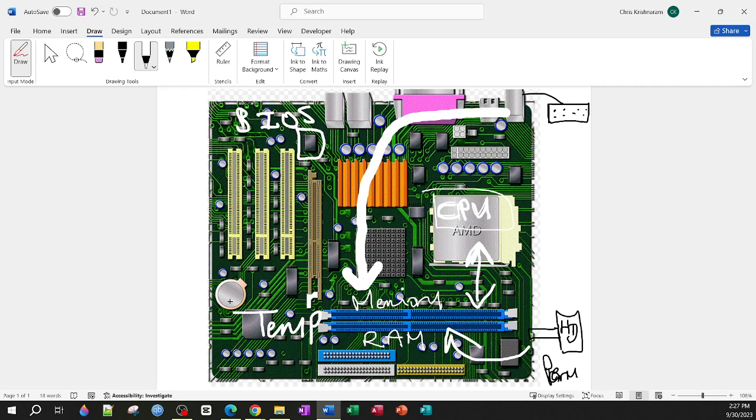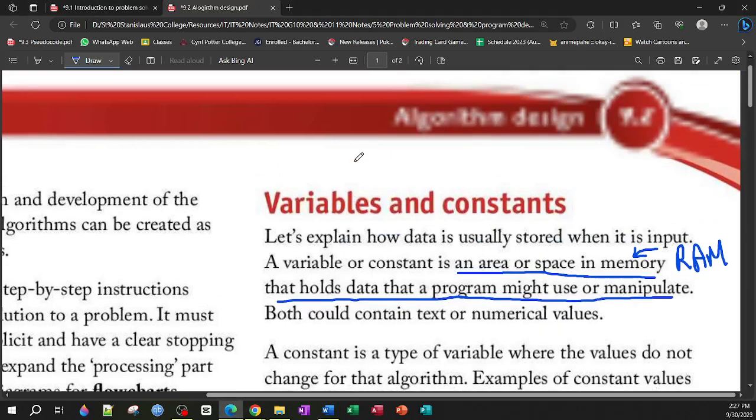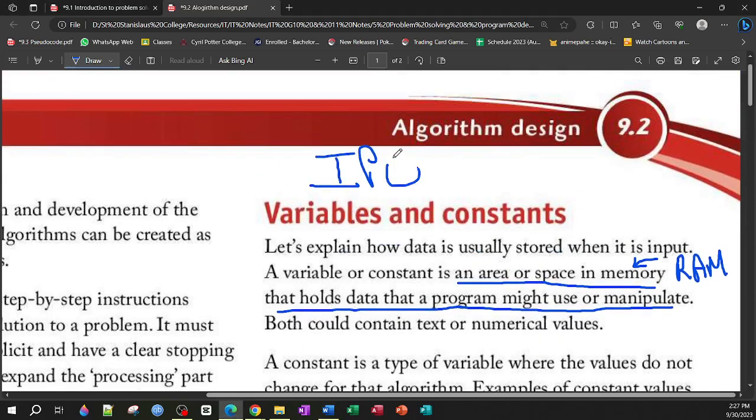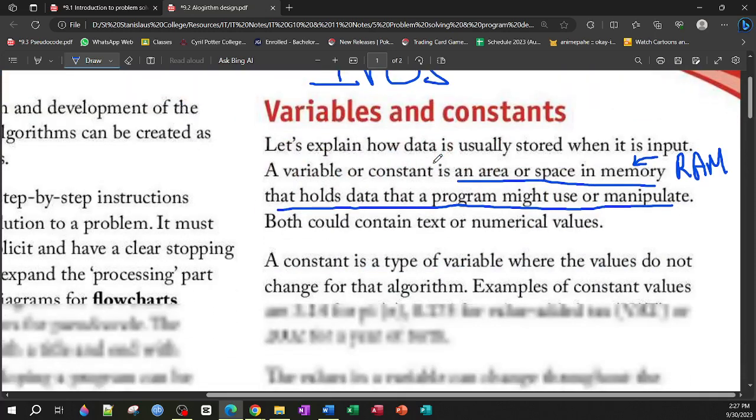That's how all computers work. So it's basically the IPOS cycle, the same cycle it's following. You input the data, it has to be processed, you're going to output the data, and the storage could either be the permanent storage or the temporary storage.